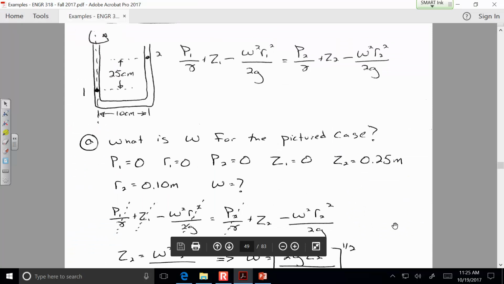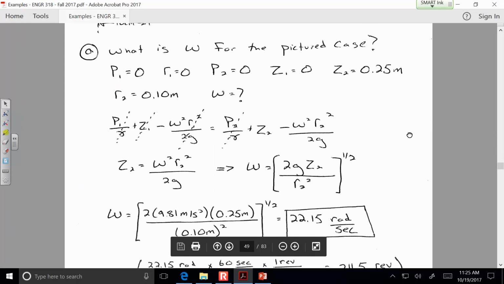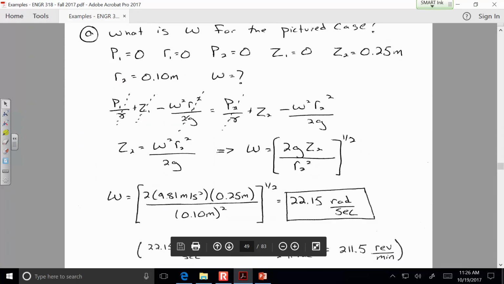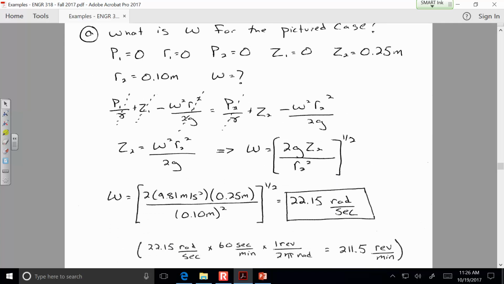All right, so here I've got all of the variables defined. P1 is 0, radius 1 is 0, pressure 2 is 0, Z1 is 0, Z2 is 0.25. We end up canceling out most of the terms of this rotational flow equation, all of them on the left-hand side. If we rearrange it, the rotational rate is 22.15 radians per second.